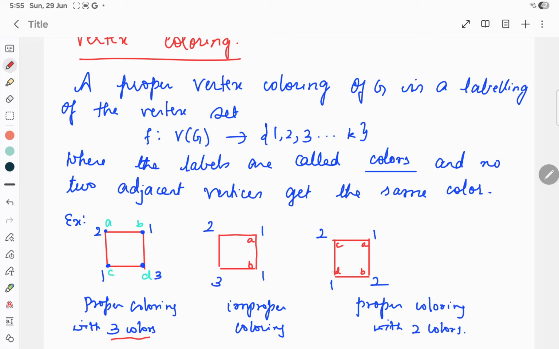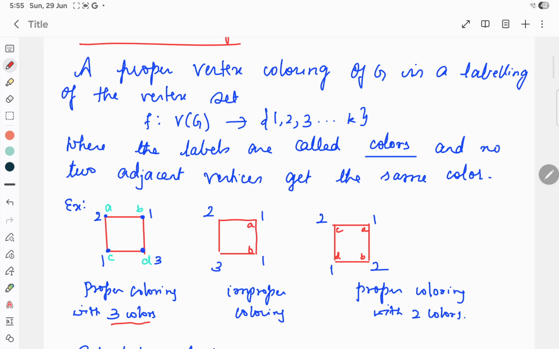Now C is adjacent to D. Hence I can color the vertex C with color 2 because C and B are not adjacent, but they are adjacent to A and D, so it cannot be 1. So this is also a proper coloring with 2 colors. So it's the minimum number of colors.